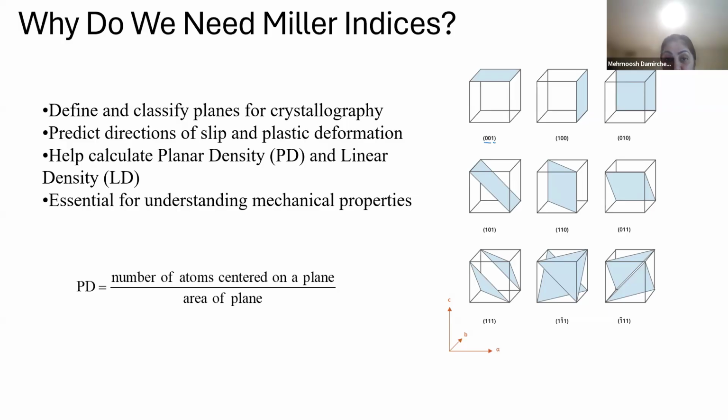This blue plane, for example, with the x-axis, y-axis, and z-axis, is parallel to x, parallel to y, and only intercepts the z-axis, so its reciprocal, normalized, should be 1.